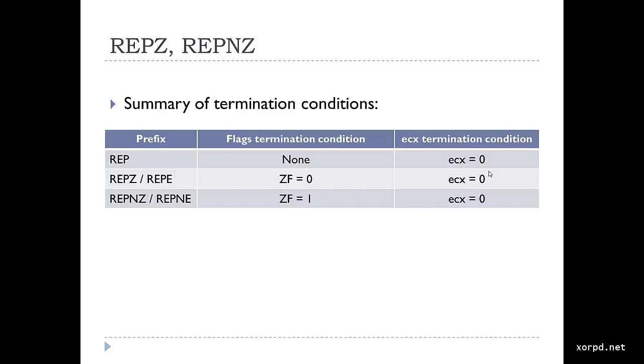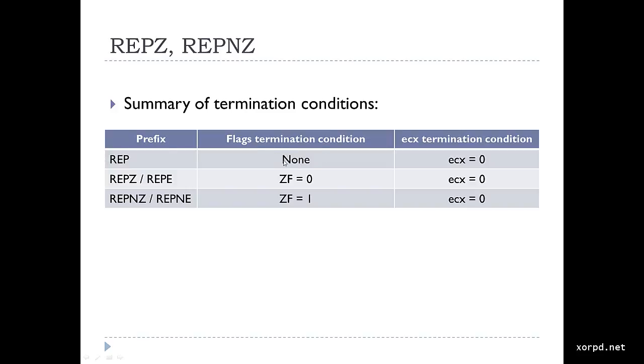Let's look at a simple summary of the termination condition, because this is basically what you want to remember. You don't have to remember this by heart. It is enough to understand it intuitively, and whenever you really need to know exactly what is the termination condition, you can always come back to this table. The first prefix is rep.